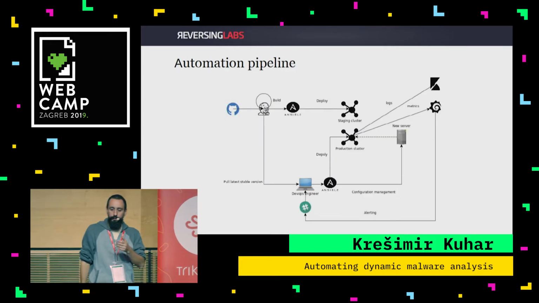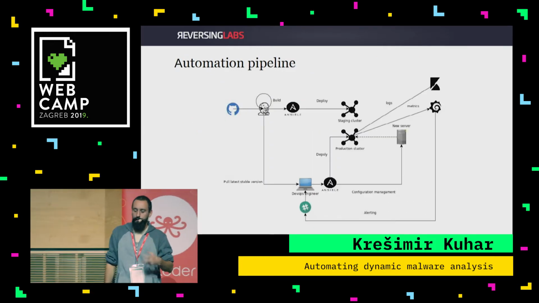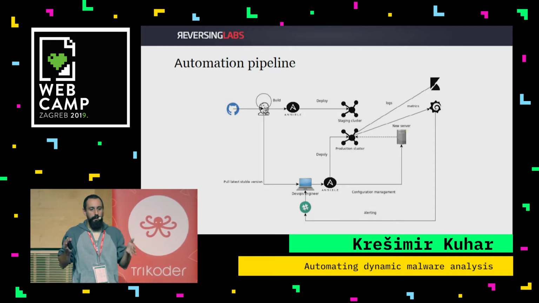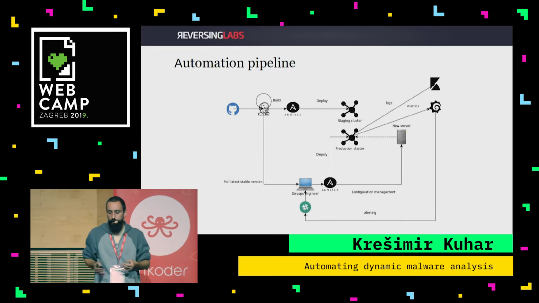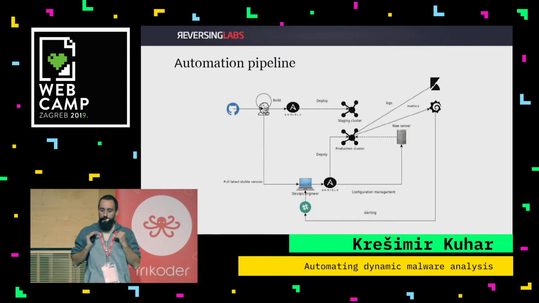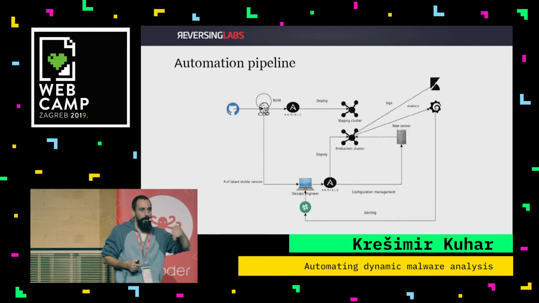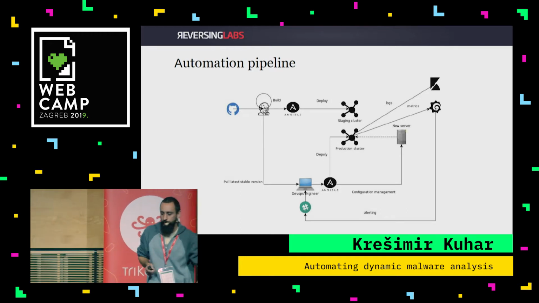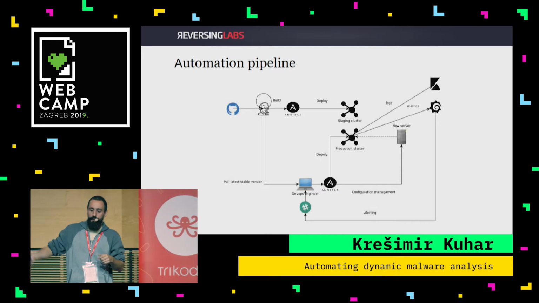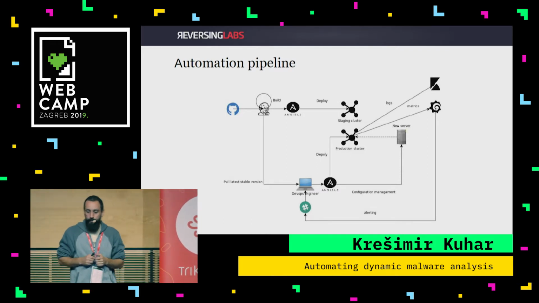So this is our automation pipeline. Basically, what I didn't say about the worker: it is a custom piece of software that we wrote, which is responsible for taking care of each sandbox. When somebody pushes changes to GitHub, Jenkins is constantly looking for new changes. It builds them, and using Ansible, it deploys them to the staging cluster.